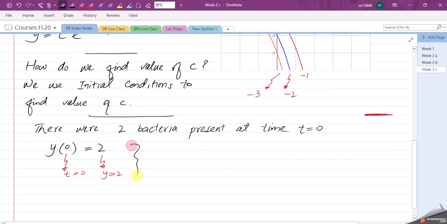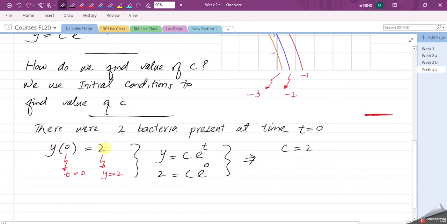Now we use this condition in order to find c in our solution, y equals c e power t. We put 2 here, c e power 0 here, and that tells us that c equals 2 because e power 0 is 1, so c equals 2.